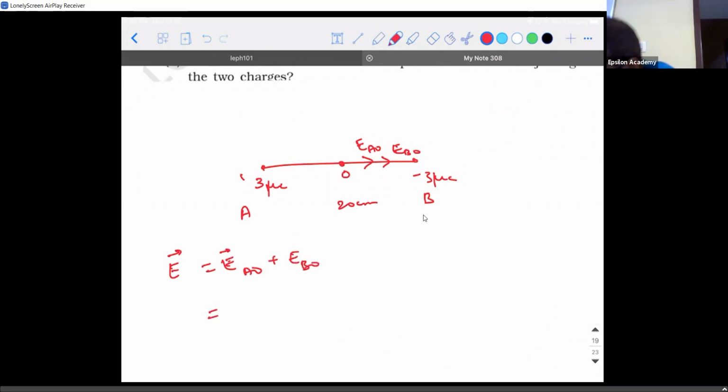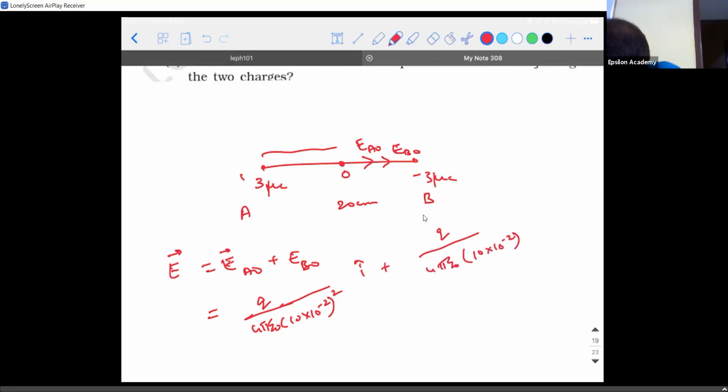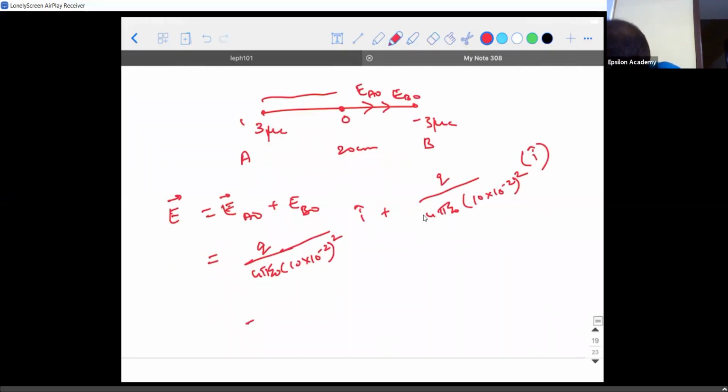So how much is it? Q divided by 4 pi epsilon naught into, how much is this distance, guys? The distance OA is 10 centimeter, 10 into 10 power minus 2, the whole square, in the direction of i cap, plus EBO is Q divided by 4 pi epsilon naught into 10 into 10 power minus 2, the whole square, in the direction of i cap. So it is 2 times Q divided by 4 pi epsilon naught into 10 into 10 power minus 2, the whole square.